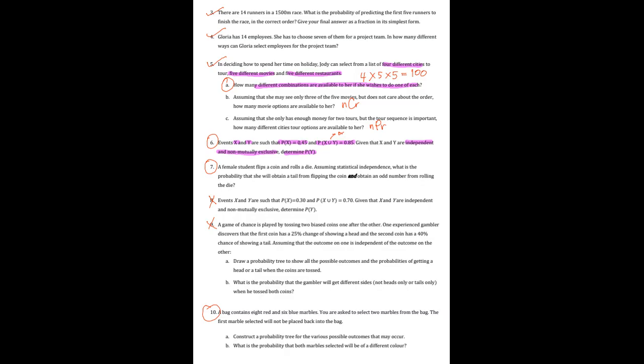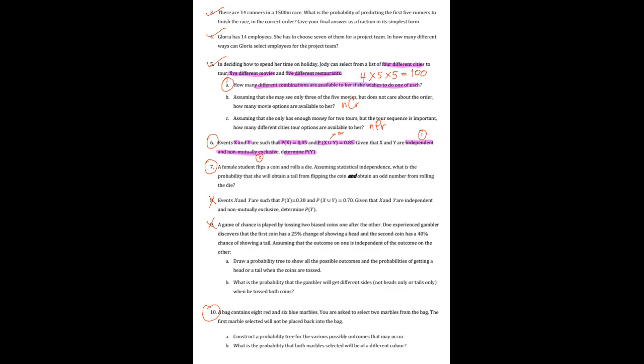So there's 2 things here, independent and non-mutually exclusive. The first thing you're going to do is write down the formula for the non-mutually exclusive event. And this is something I read to you on the previous page. Also, it was, I'll tell you which one. It was E here on this page.